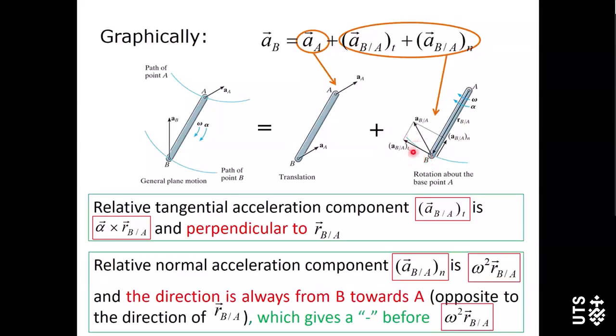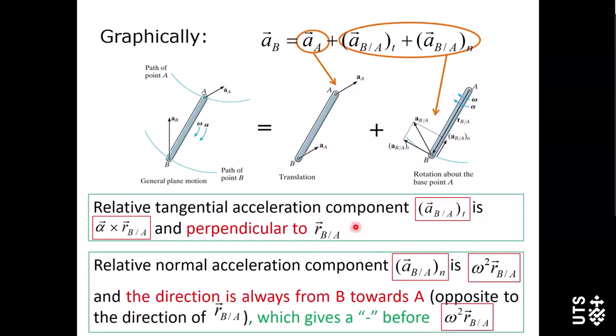One is tangential, and its direction is always tangent to the moving path of point B. Another component is the normal component, and its direction is always opposite to the direction of vector RBA.